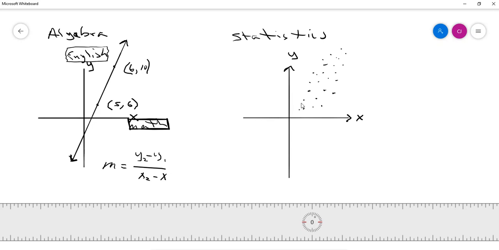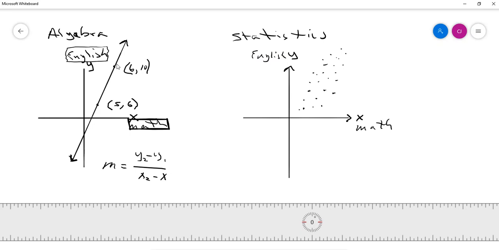So we need to be able to talk about a couple different things with linear correlation and how we would then talk about the relationship between math ability and English ability.